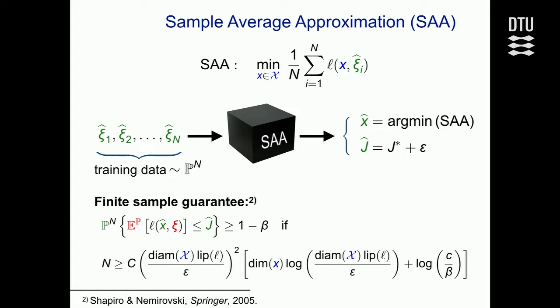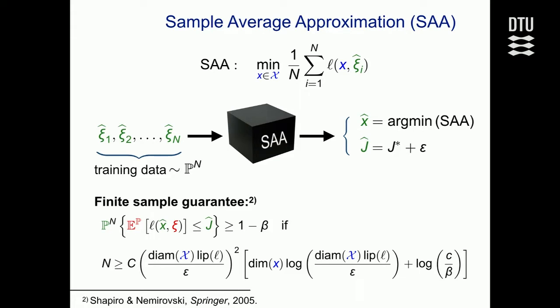This is just the expectation with respect to a discrete distribution. And it's in particular the discrete distribution that assigns a probability of 1 over n to each of the training samples. Okay? That's the approximation. You approximate the unknown true distribution by this so-called empirical distribution. Then you minimize this sample average of the cost across all x, and the optimal solution is, of course, a data-driven solution, right?